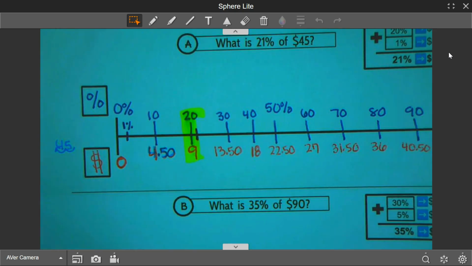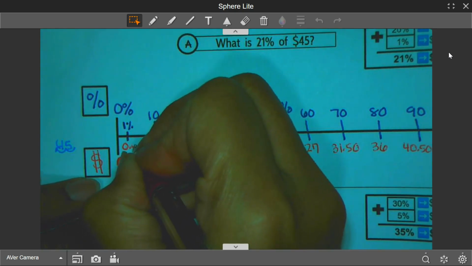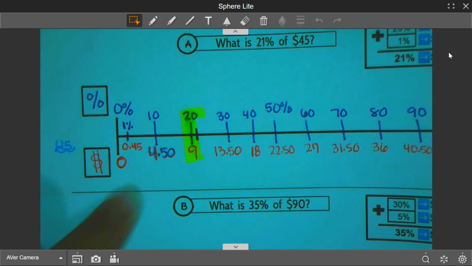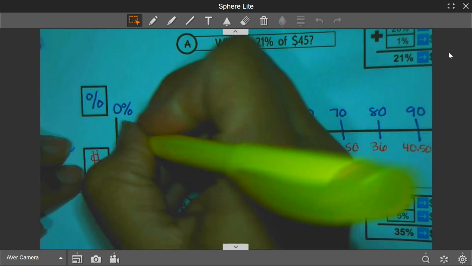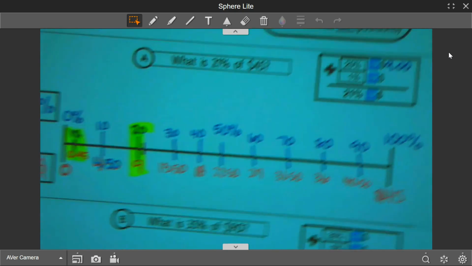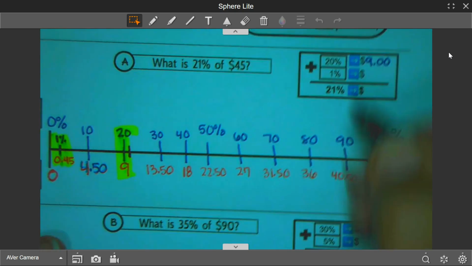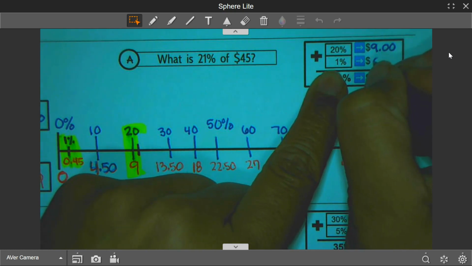So that is 45 cents. All right, so that is another one I'm going to need. Let's go ahead and add that to here. So 20% was $9, 1% was 45 cents.